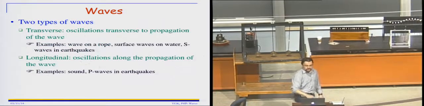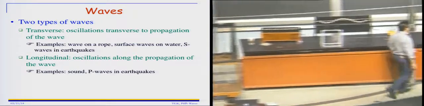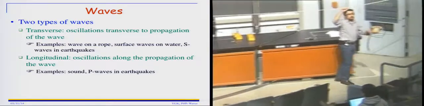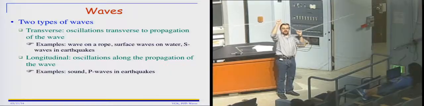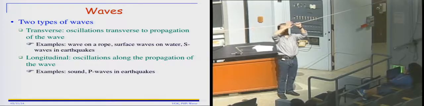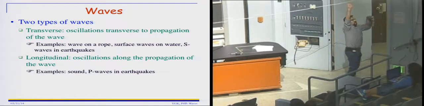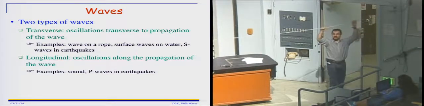Now, as it turns out, there are two types of waves we can look at. One is so-called transverse. This, in fact, is an example of a transverse wave where the displacement of the string happens in the direction that's transverse to the direction of the string. This is sort of a little bit odd, so bear with me.